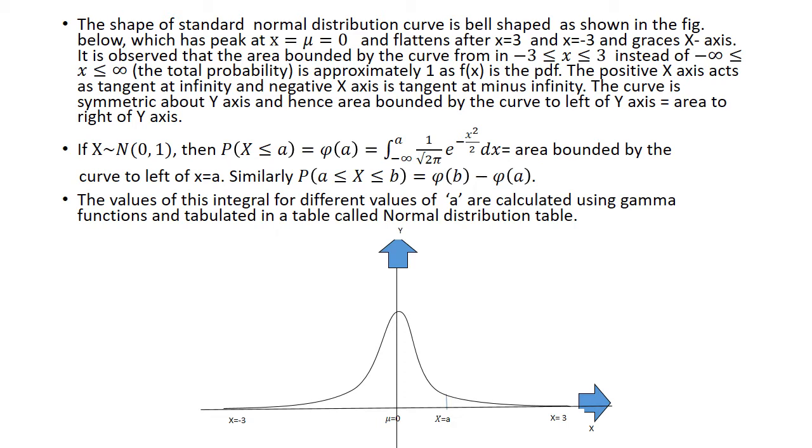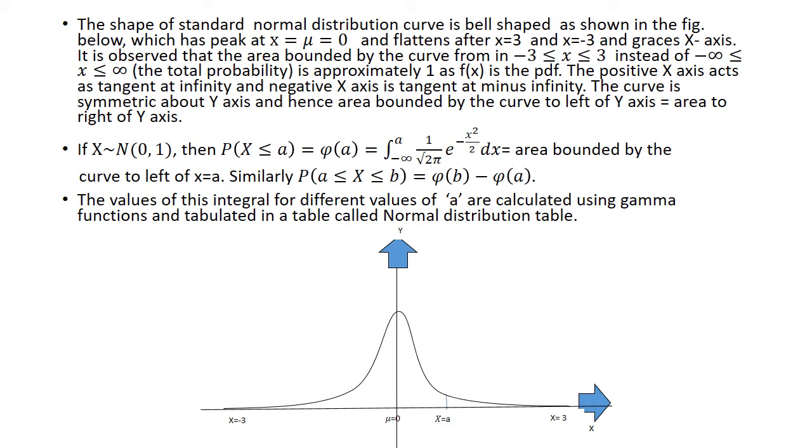If x has N of 0, 1, then probability of x less than or equal to a may be written as phi of a, which is equal to integral from minus infinity to a of 1 by root of 2 pi e power minus x squared by 2 dx, which is equal to area bounded by the curve to the left of x equal to a.